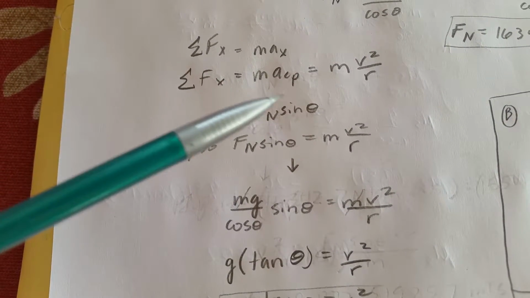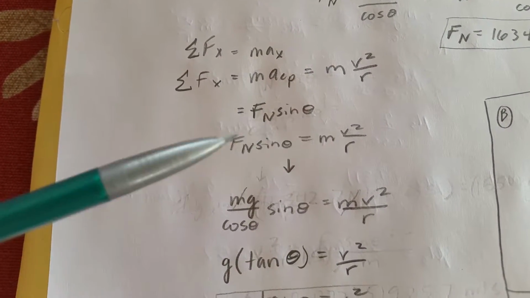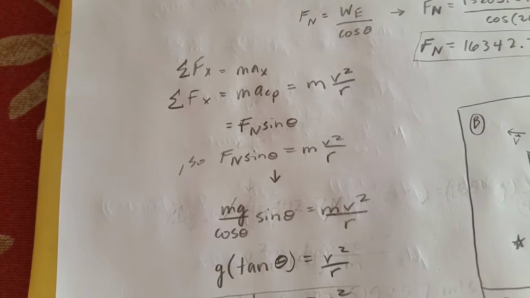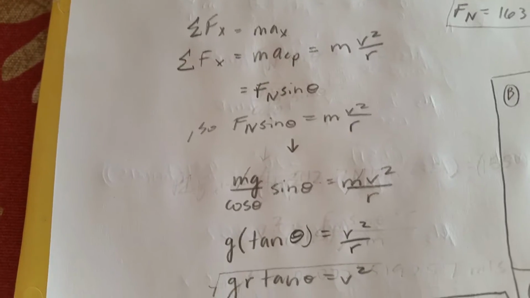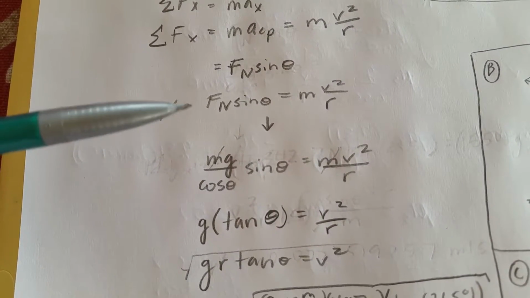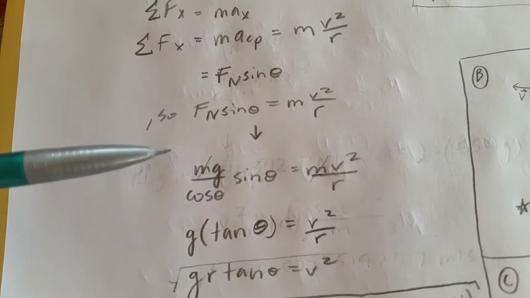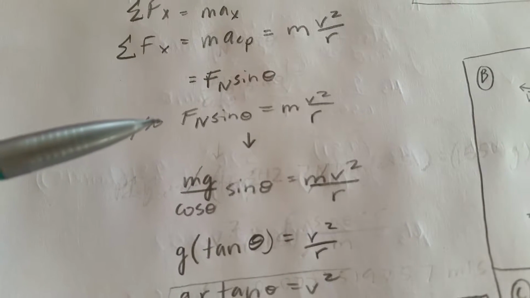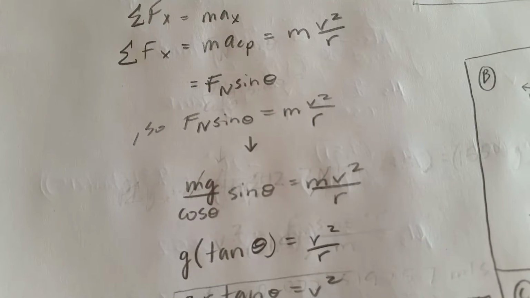And then we found the right hand half by plugging in the v squared over r. So then I just set them equal to each other because that's what sum of the forces equals m times a means. And then simplifying it down, I simplified force normal into what makes it up.